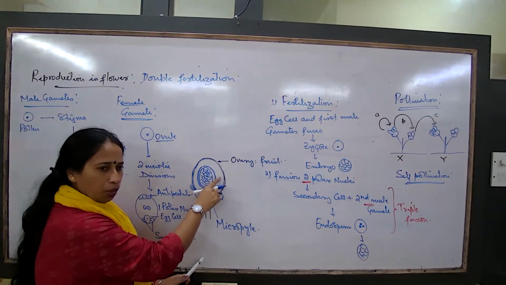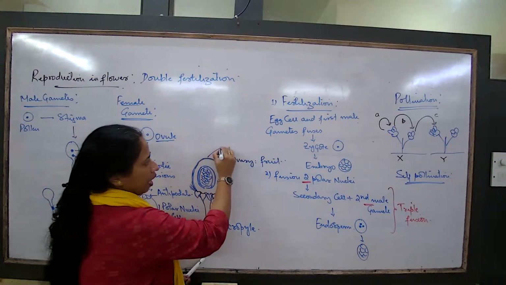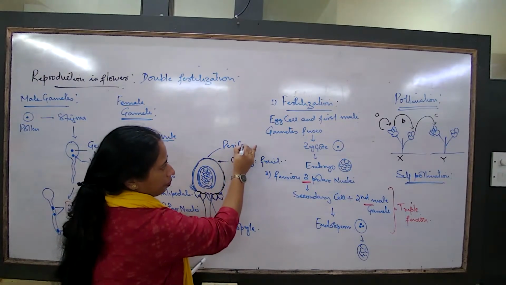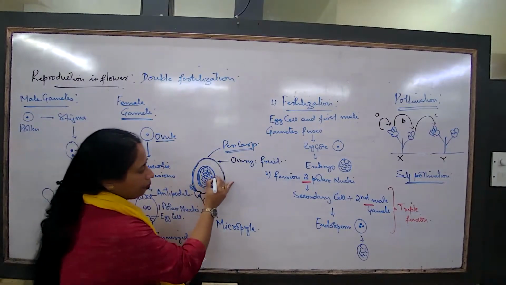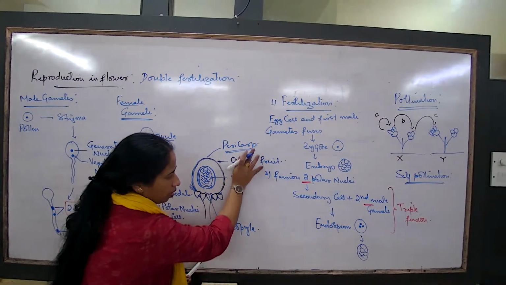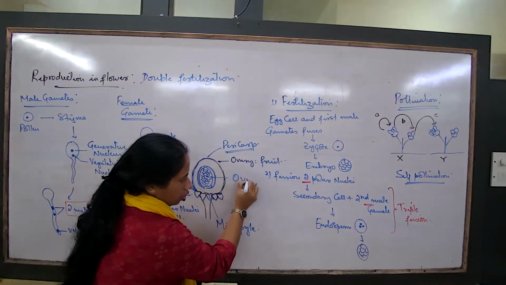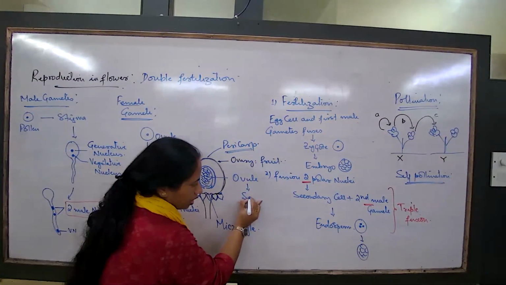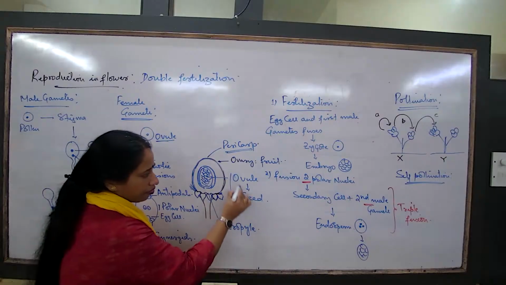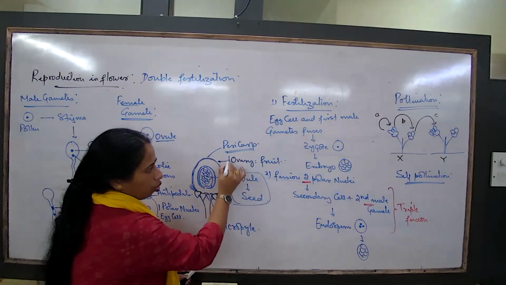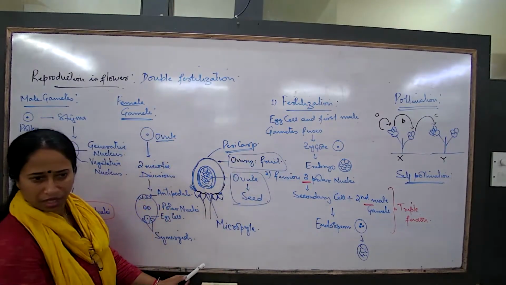So this outer wall of the ovary will now be known as the pericarp, the outer wall of the fruit. What about this? This was the ovule earlier. So what did the ovule give rise to? It has given rise to the seed. So the ovule gave rise to the seed, the ovary gave rise to the entire fruit.